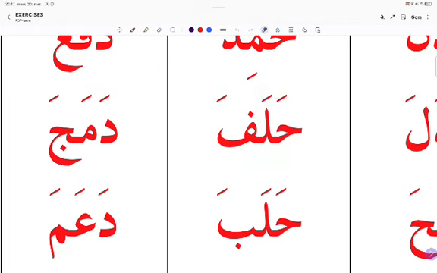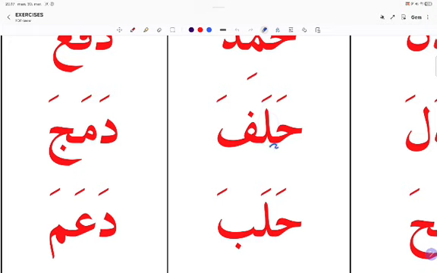But we have a rule that 6 letters cannot be connected from the left: alif, dal, dhal, ra, zai, wow. So if it's connected from the left, it's not alif. Which other letter looks like this but has a stomach? Lam, exactly.